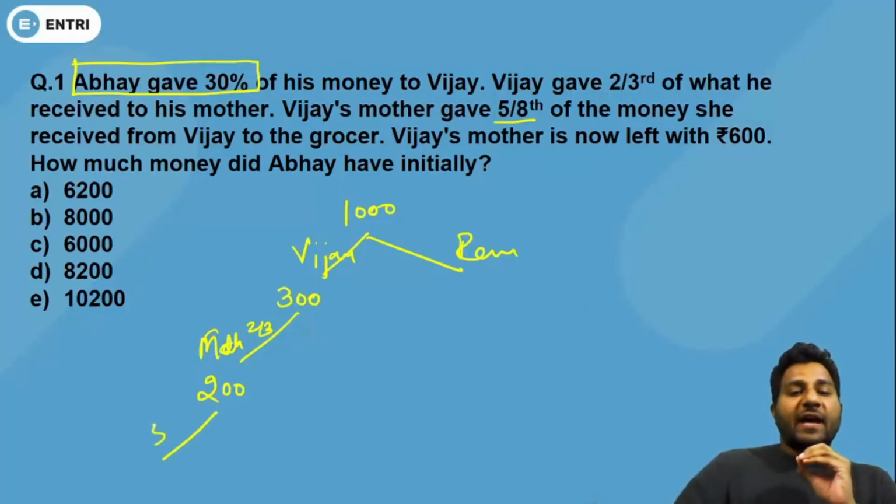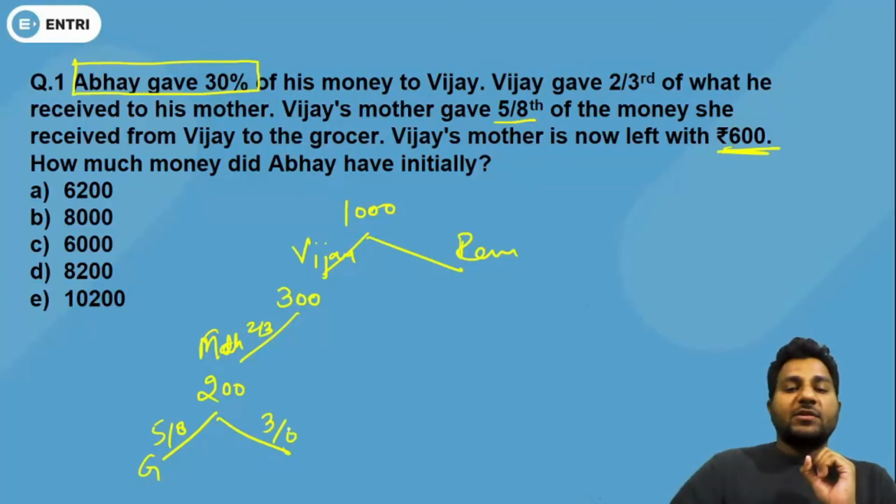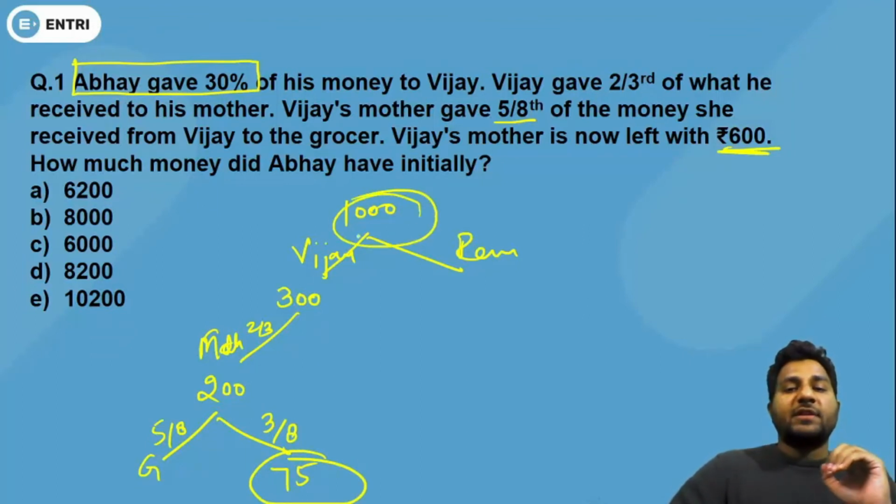So she gave 5/8 to the grocer, and Vijay's mother is now left with 600. That means she has been left with 3/8. If 3/8 is left, that means she was left with only 75 units out of these 100 units. And that makes your question easier.